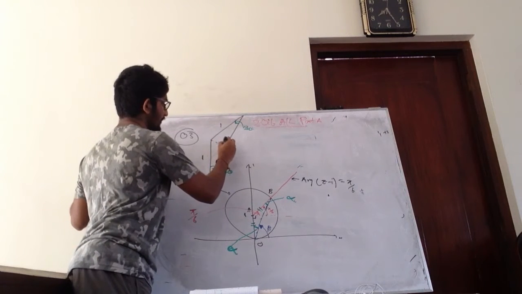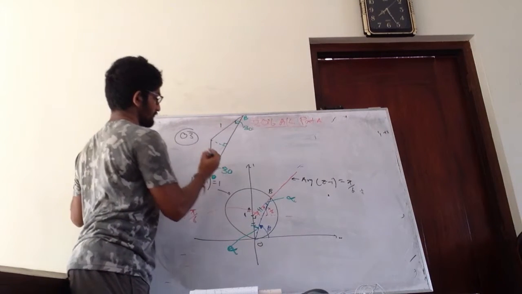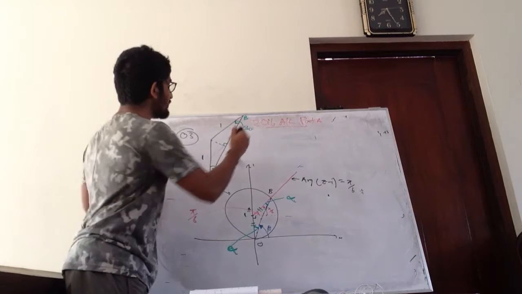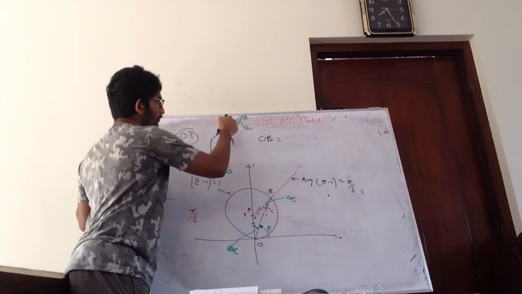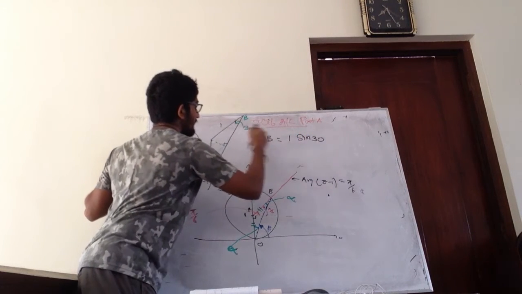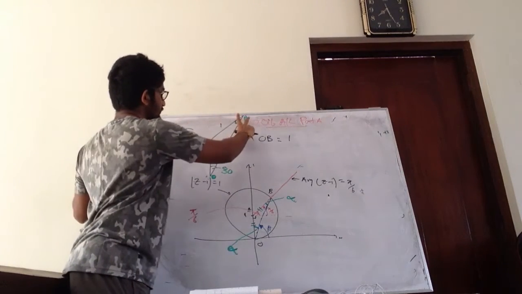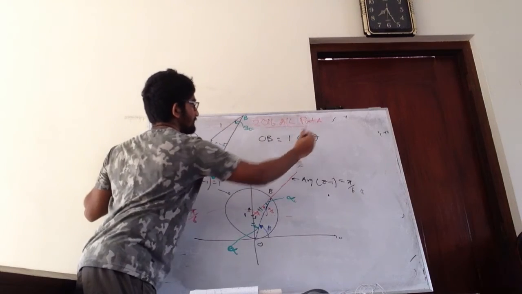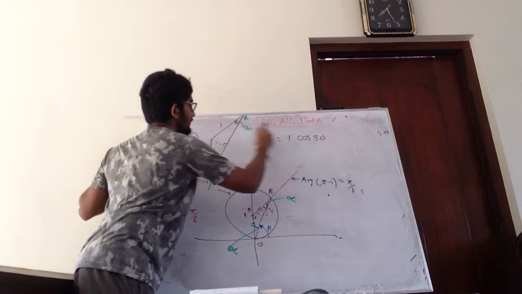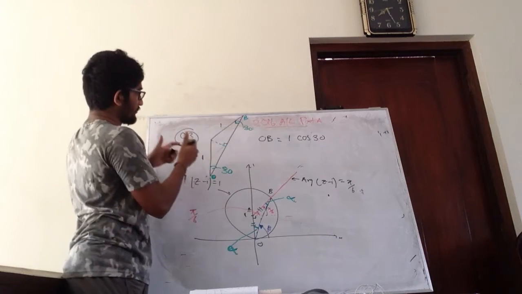So what I'm going to do is find this OB. What is OB now? OB will be 1 cos theta. So 1 cos 30 is this length, no? So this length is 1 cos 30.